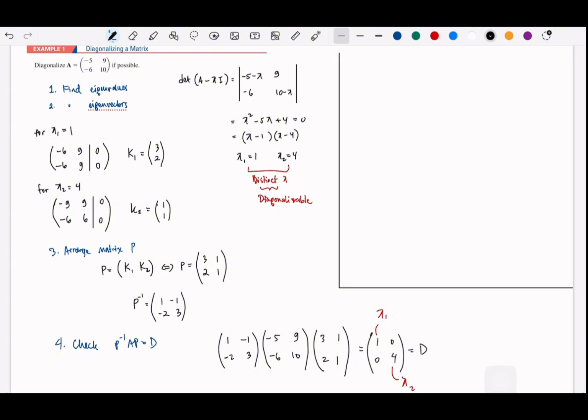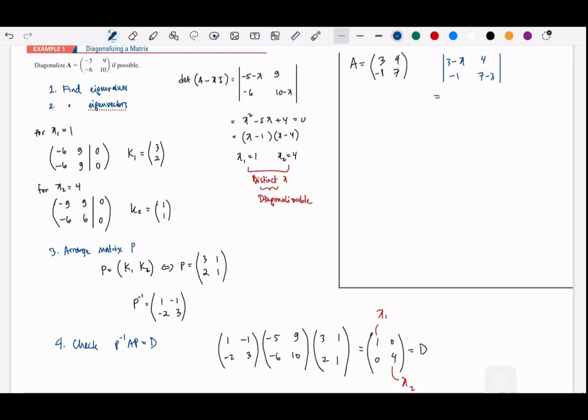Sometimes, if we have a 2 by 2 matrix, for example, with a repeated eigenvalue, suppose that we have A equal 3, 1, negative 1, 4, 7. If we check the eigenvalues from here, we get 3 minus lambda, negative 1, 4, and then 7 minus lambda.